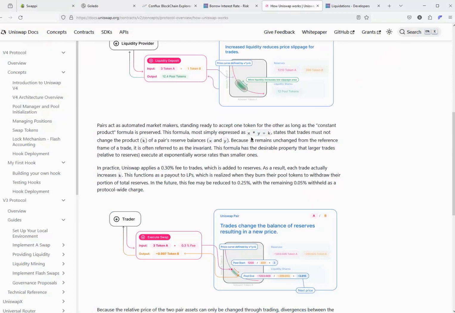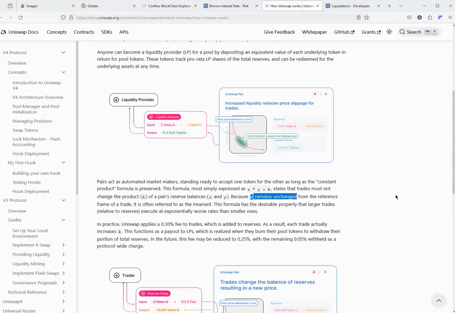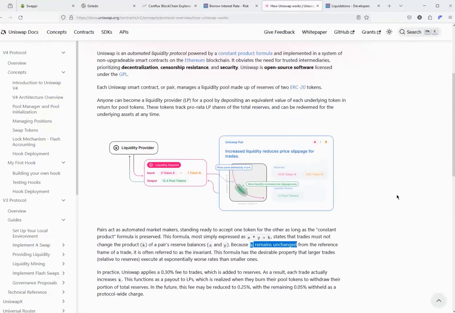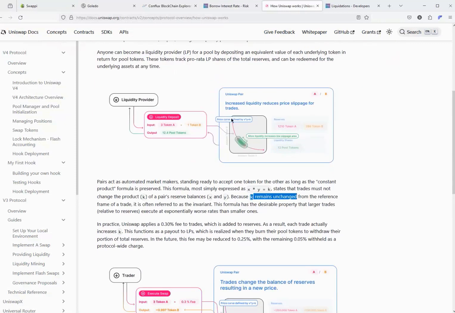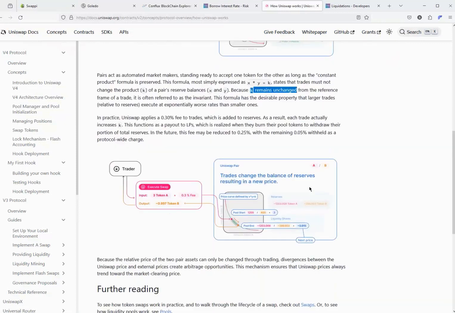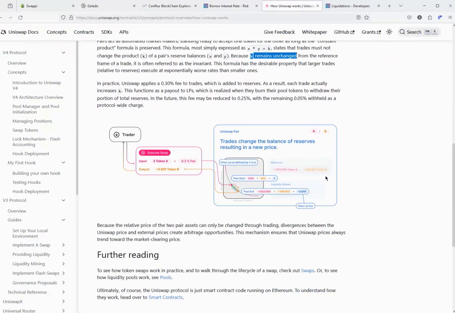So K remains unchanged forever whenever the trade happens. And there is an example here to show how K can be unchanged.